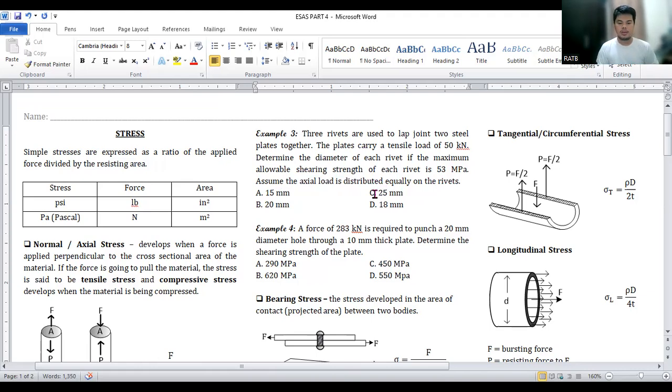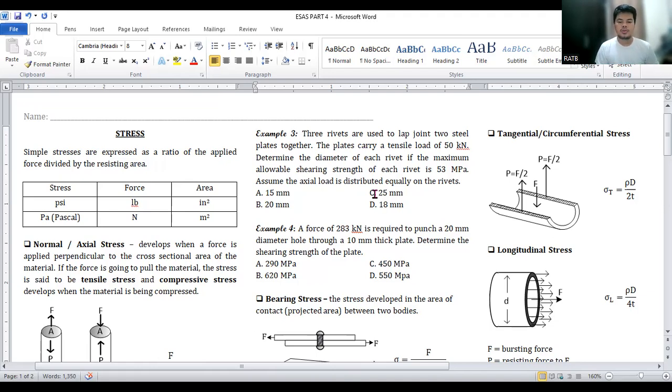We are asked to determine the diameter of each rivet. Take note that we are presented with shearing stress, so with this, we can already have the idea onto which area we need to focus.